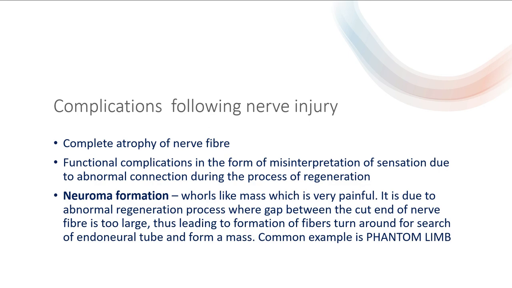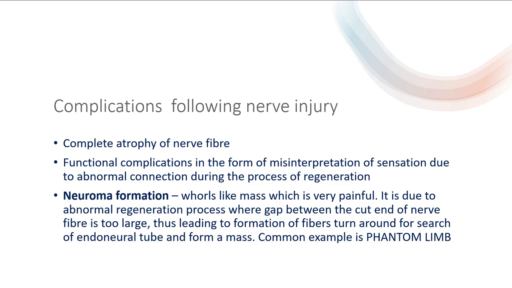Complications following the injury: what complications can there be? Complete atrophy of the nerve fiber occurs, which means the shape will change. Functional complications include misinterpretation of sensation, meaning you will not interpret the proper sensation, due to abnormal connections during regeneration, because the regenerated nerve cells are not up to the normal level.